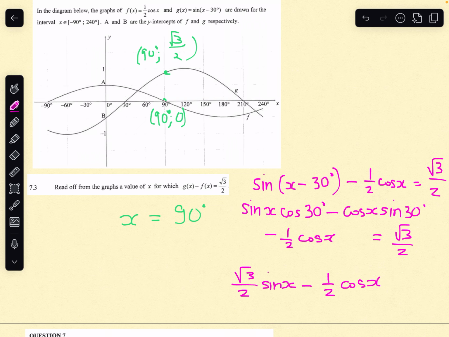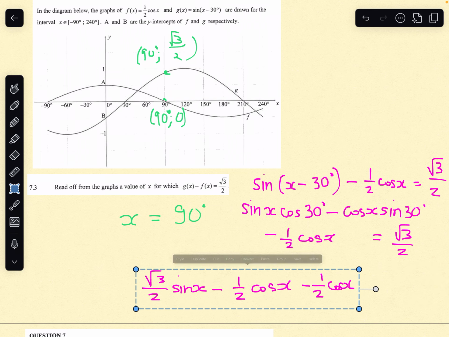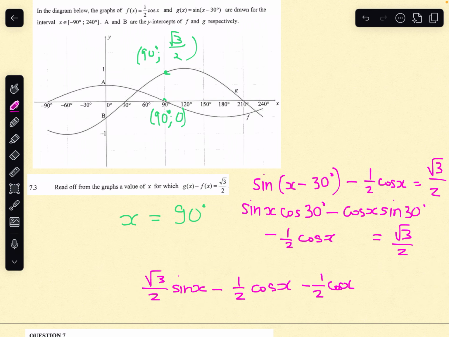So sine x cos 30 minus cos x sine 30, minus the half cos x from the graph, is equal to root 3 over 2.